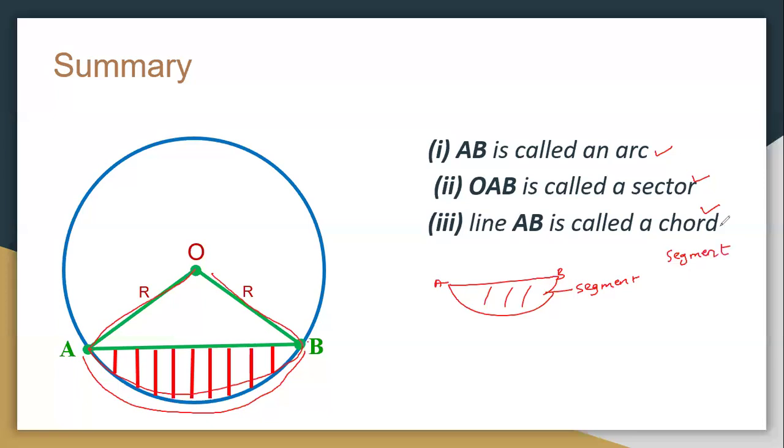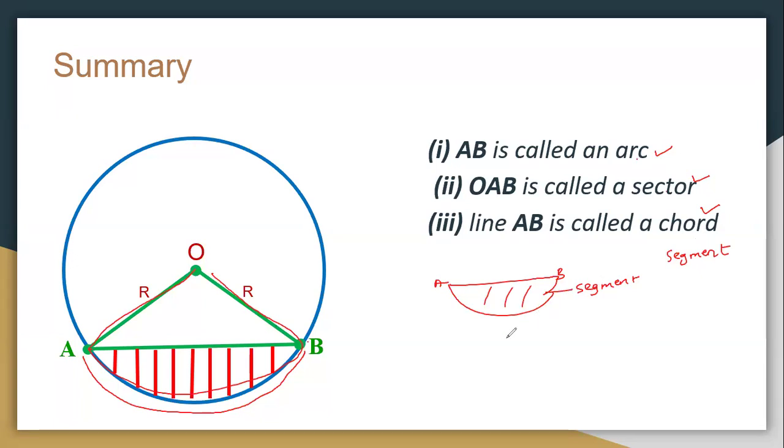If you have not understood them, then it may be hard for you when we dive into the circle theorems. You need to know what an arc is, what a sector is, what a chord is, and what a segment is.